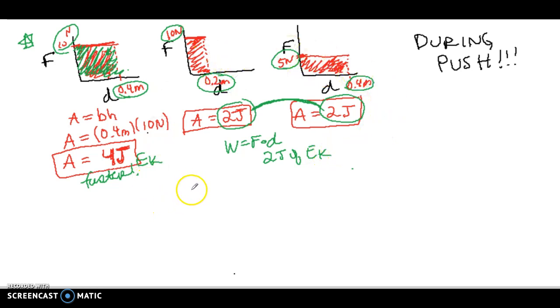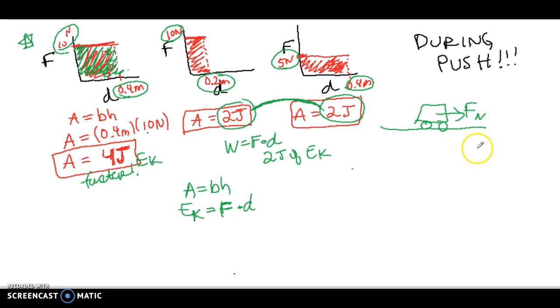Now, to get the equation, this one's a little bit trickier. So we're not going to go totally into it. So we know that the kinetic energy is the area. Okay, and again, I still have my force times distance. But in this case, we want to think of the force as more horizontal because it was this direction during the push I was applying that force.